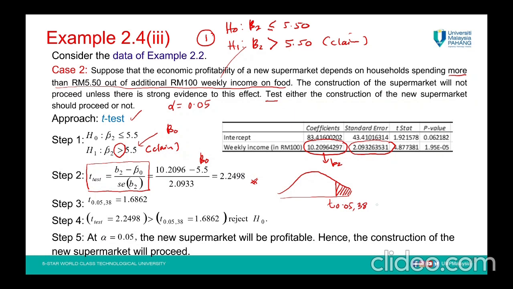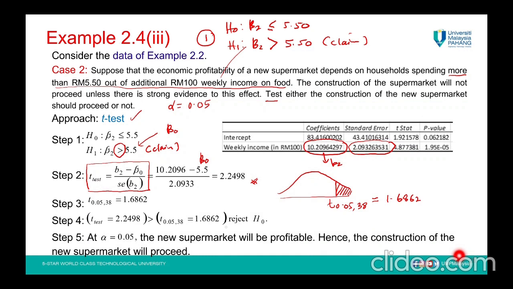That's why we get degrees of freedom of 38. By using the statistical table, the value is 1.6862. Since we can get the rejection region and the critical value, we complete step 3.